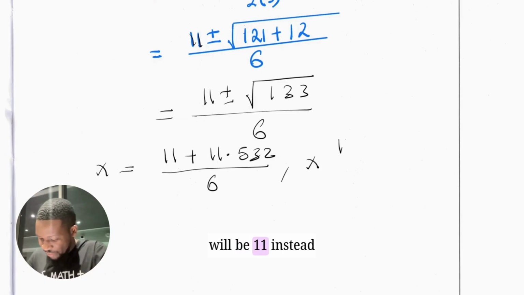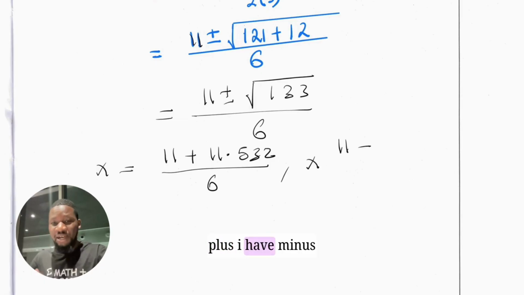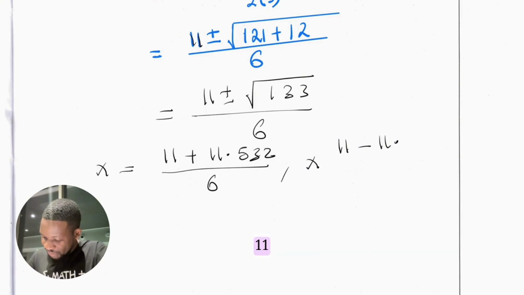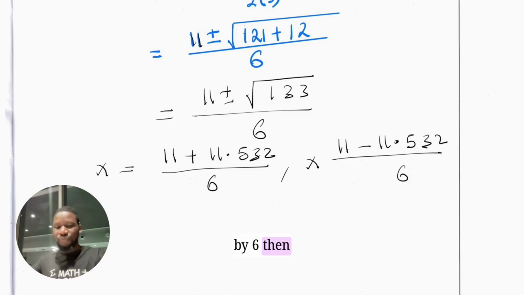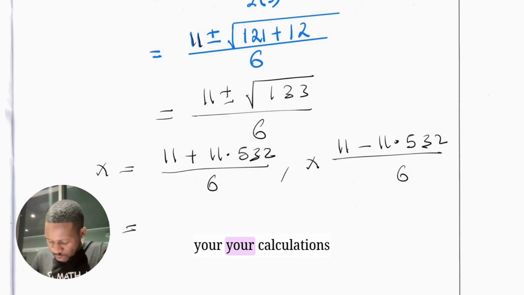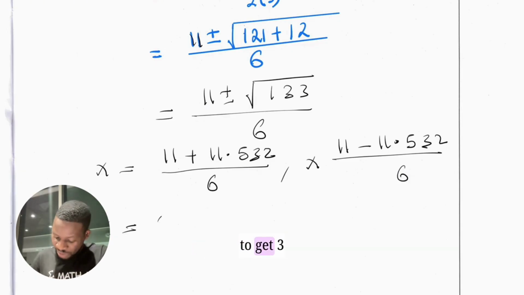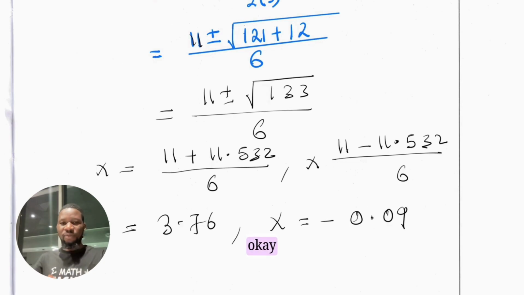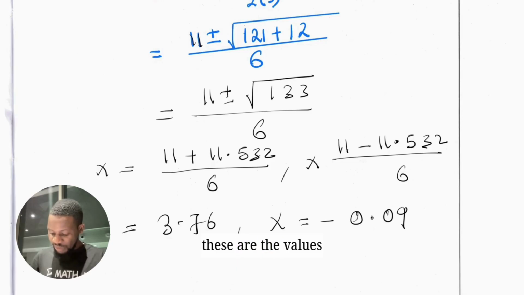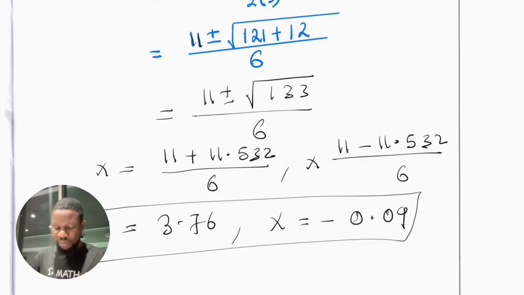So this will be 11 minus 11.532. Then I divide throughout by 6. Then when you carry out your calculations, you should be able to get 3.76, that is to 2 decimal places, and negative 0.09. Okay, so these are the values of x.